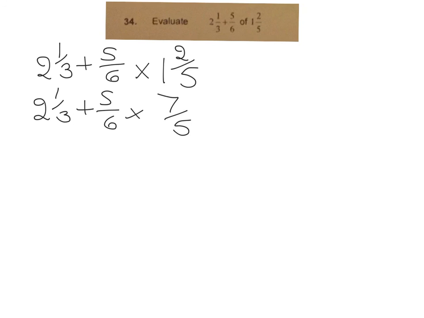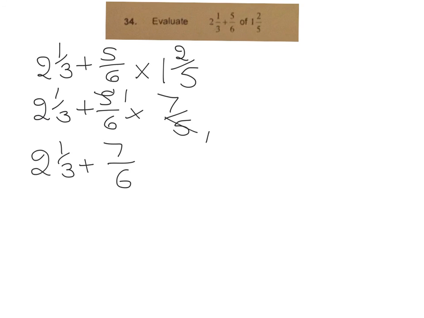Now we can go ahead and do our multiply. Again, we can cancel down, as if we look across the way, we have a 5 there and a 5 there. So we can cancel. That becomes a 1. So doing our multiply now, we've still got our 2 1/3 plus 1 times 7 is 7. 6 times 1 is 6.